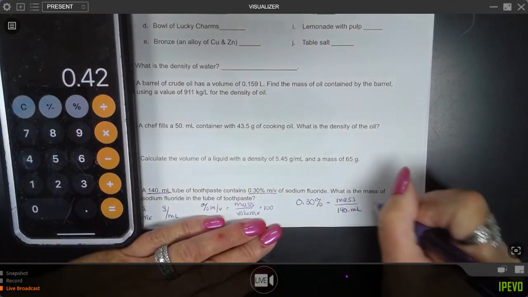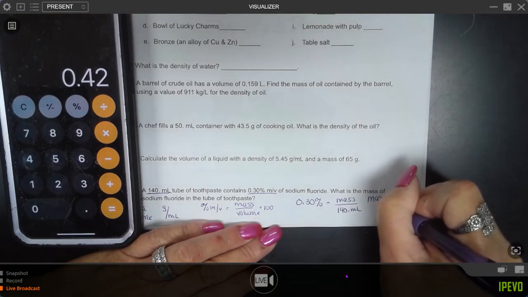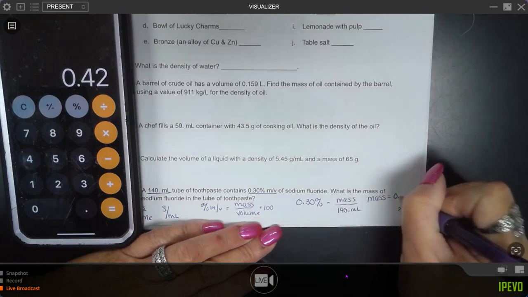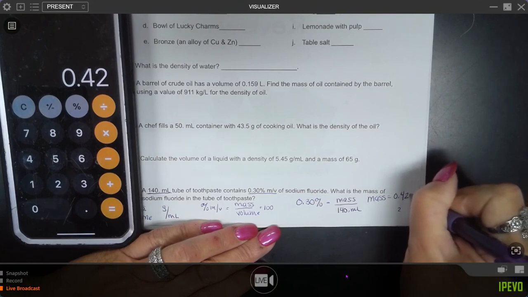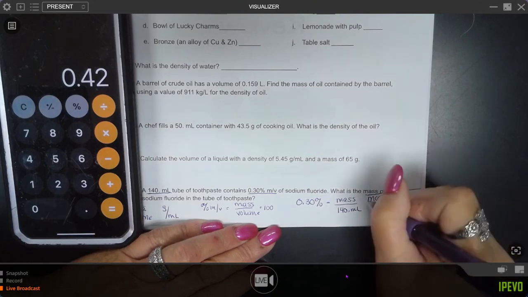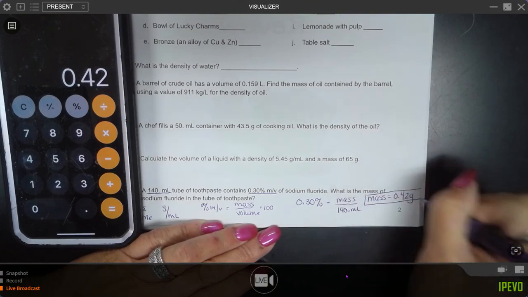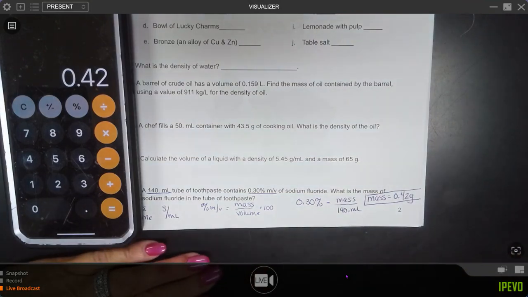So this tells me that my mass is 0.42 grams.